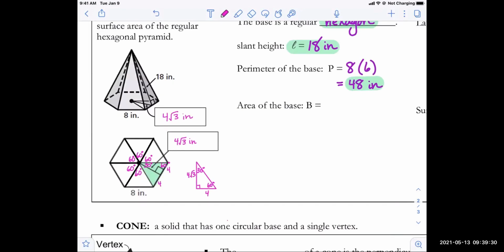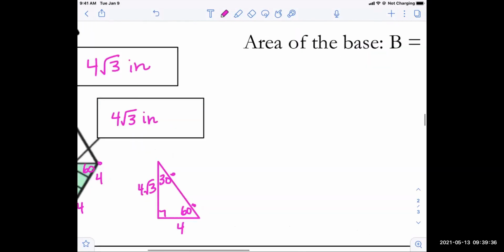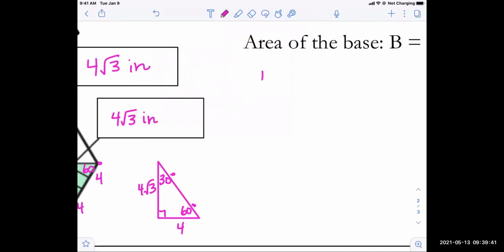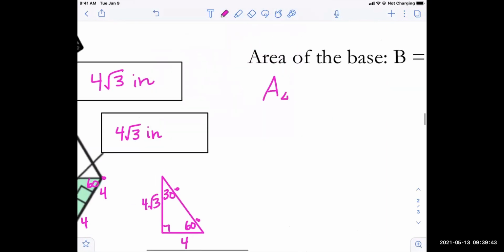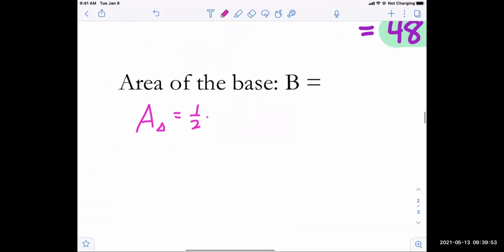Okay, base area. Area of one of the triangles. Let's switch colors here. Area of one of the triangles is 1/2 times what times what? 8 times 4 root 3. That's the green triangle. Okay, this is the green triangle.